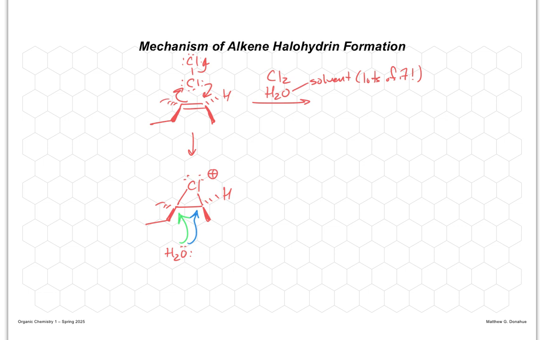The blue arrow is the minor. So why is that? If we think about breaking a carbon-chlorine bond and then analyzing what carbocations result, that's going to help us in the right direction.